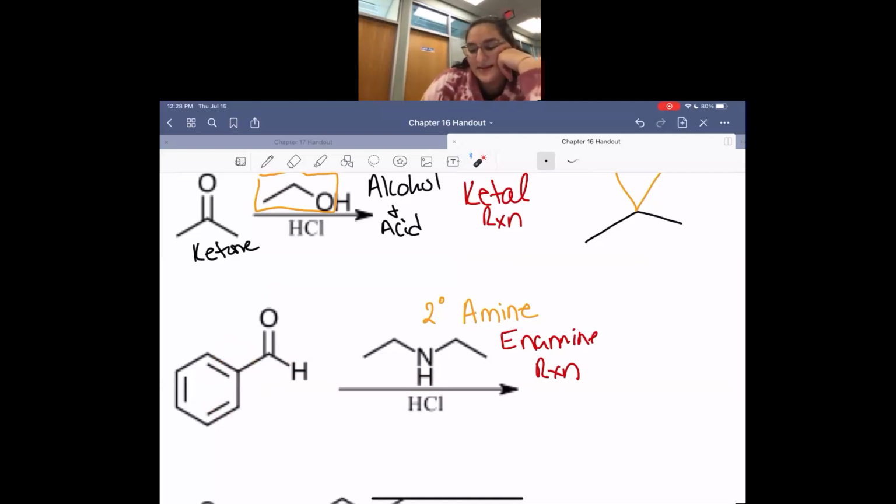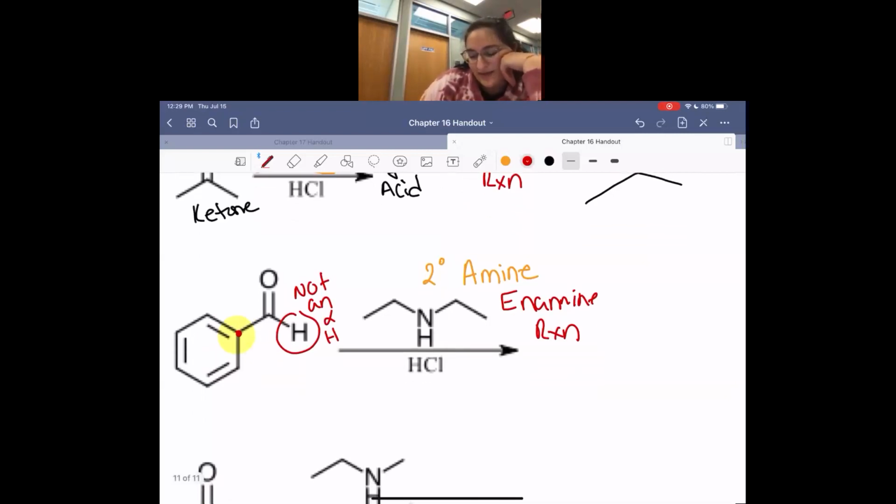No, I agree. So what tends to trick people is this: there is a double bond, so there is no hydrogen here, and this hydrogen does not count. The alpha hydrogen has to be coming off of the alpha carbon, which would be, for example, this carbon or this carbon.